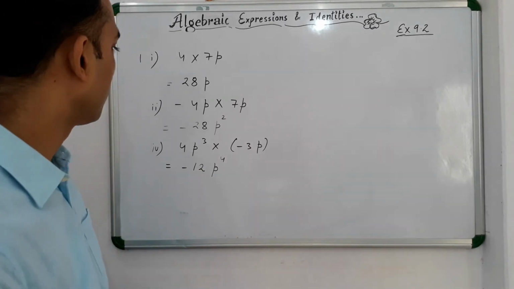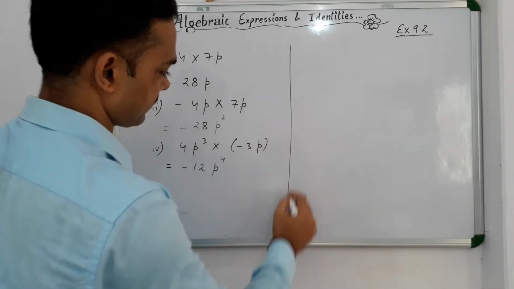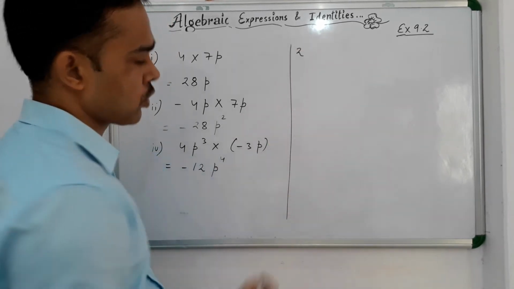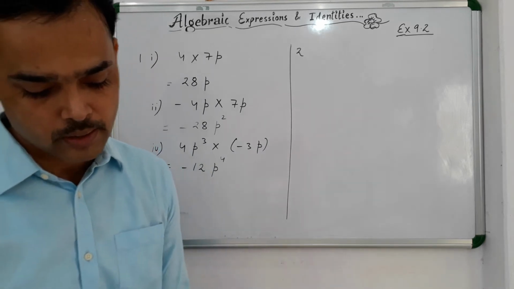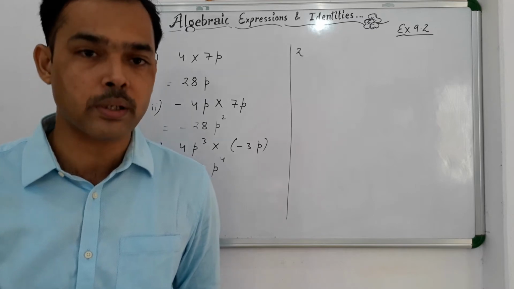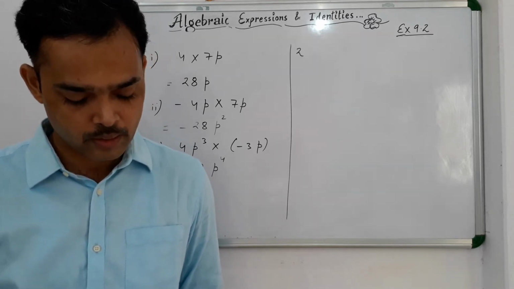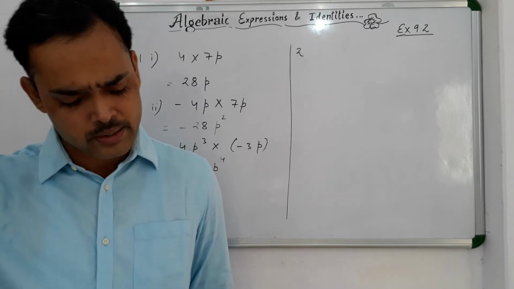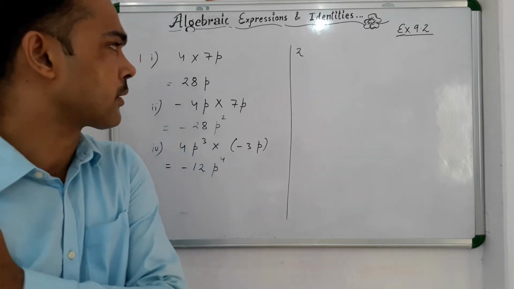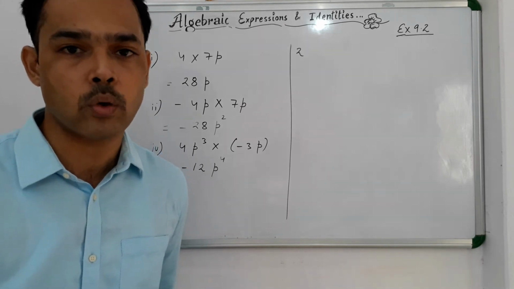Okay. Now let's move on to question number second. In question number second, what is mentioned is find the area of rectangles with the following pairs of monomials as their lengths and breadths respectively. Now it is given to us. You people observe that here they are separated with the help of semicolons.